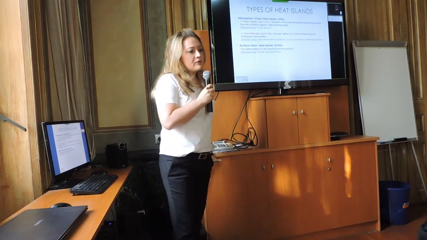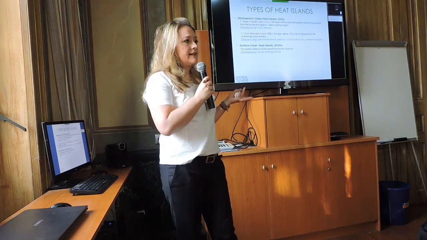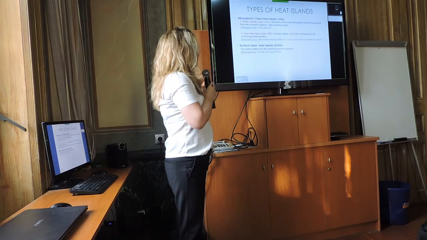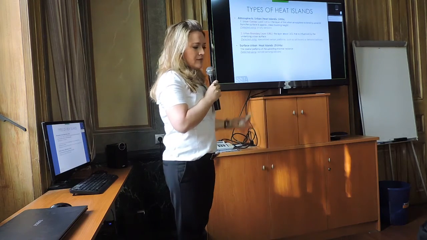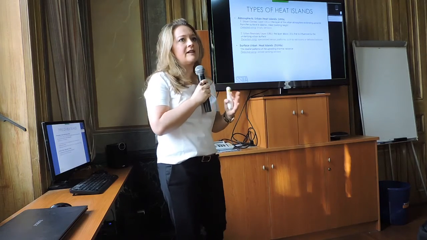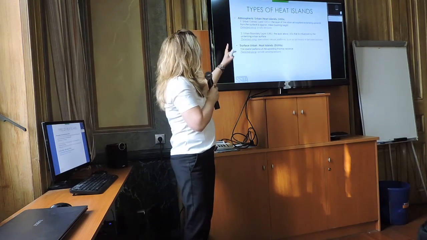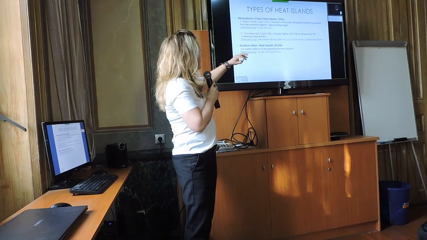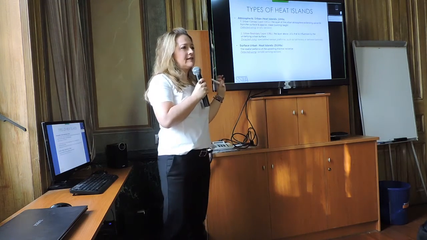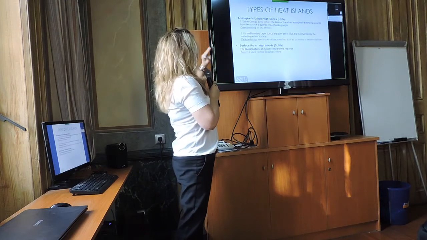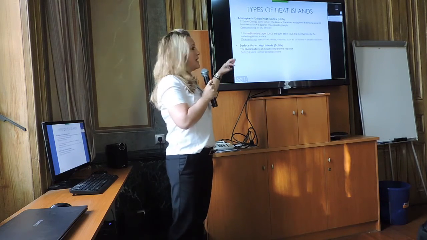There are different types of heat islands that you will find in the literature. I'm not going to give you details for all of them because different researchers are interested in different measurements. But basically, you have two different urban heat islands. One is the atmospheric, and the other one is the surface.